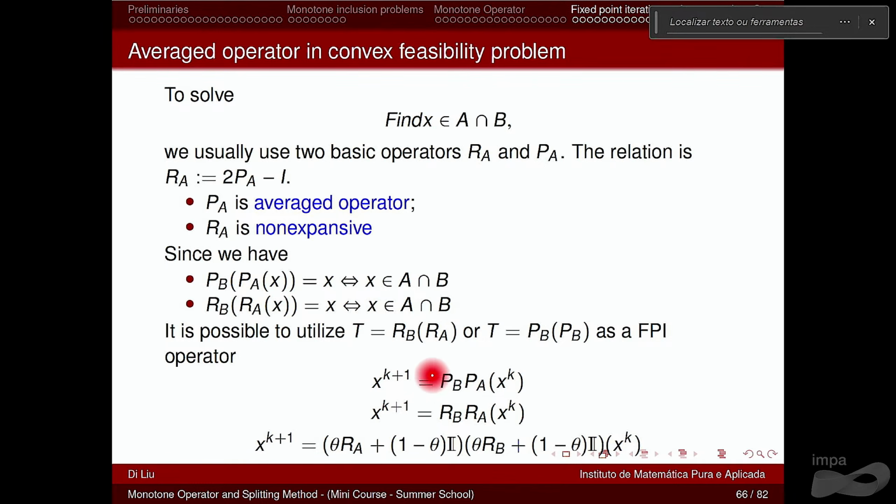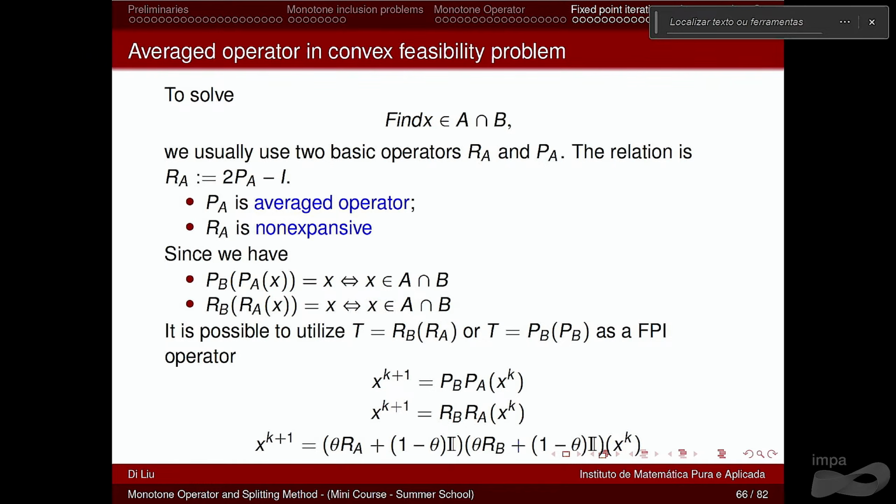So obviously, the first fixed point iteration will converge, because it's an averaged operator. But the second is not, because the composition of two non-expansive operators is still only non-expansive.